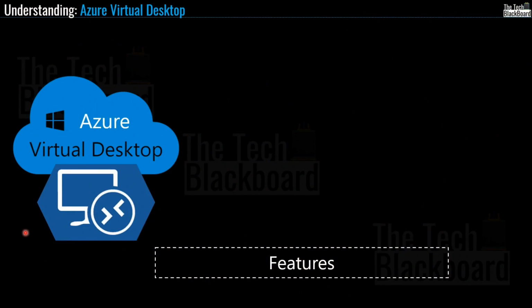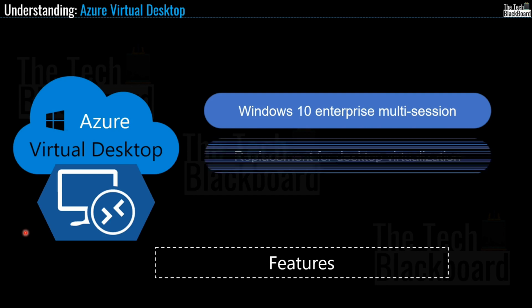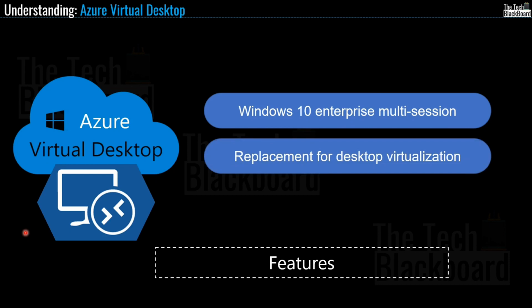Now let's check out some of the features of Azure Virtual Desktop. The first one says that Azure Virtual Desktop takes advantage of Azure-exclusive features like Windows 10 Enterprise Multi-Session, which allows multiple users to connect concurrently to a single Windows 10 virtual machine, providing a similar user experience. Secondly, Azure Virtual Desktop is a great replacement for desktop virtualization.